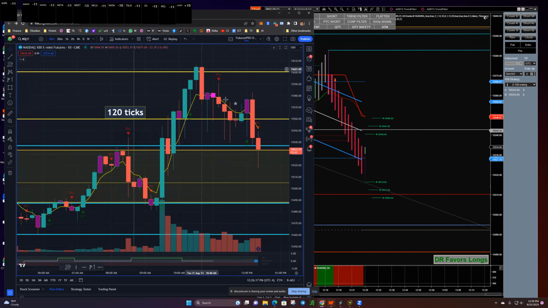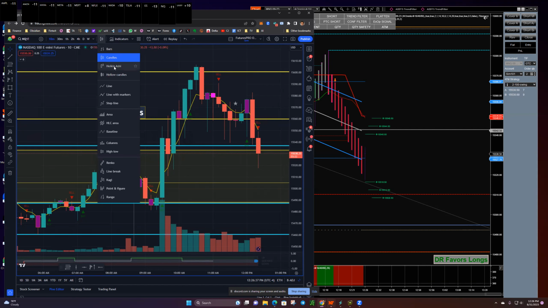So this is your traditional candle. Okay, these are actual lows, highs, open, close. So that's candles for you.